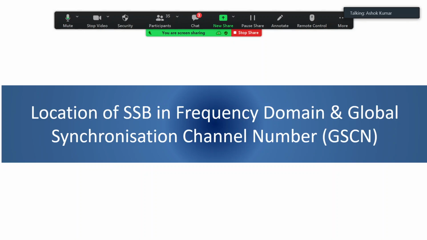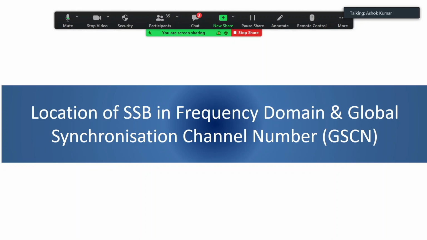Network may be supporting higher bands, but those channel rasters are standard and the device knows that. But in 5G, since the support is of much bigger channel bandwidths and frequency bands in low band, mid band, even millimeter wave, if it starts searching with 5 kilohertz, 10 kilohertz or 100 kilohertz steps, it will take a very long time to complete the entire search of a channel bandwidth of 400 megahertz.